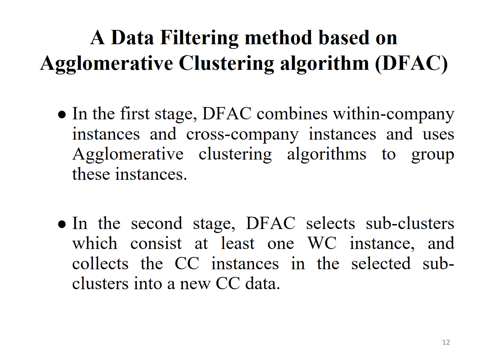DFAC assumes that CC instances which are in the same clusters as WC instances are the most valuable instances in CC data. Therefore, in the second stage, DFAC selects several clusters which contain at least one WC instance and collects the CC instances in the selected clusters into a new CC data.